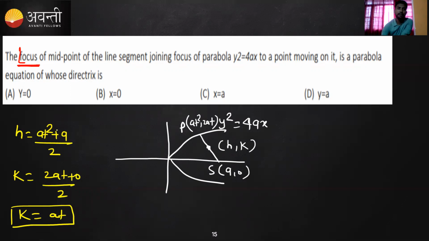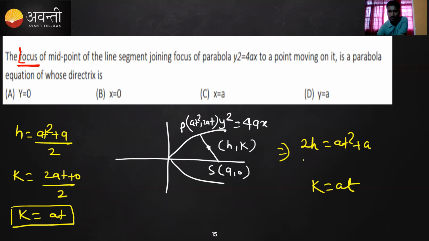So again, we have to remove this t square. From here you will get 2h is equal to 2at square plus a, right? And then from here k is equal to at, so you can also write k is equal to at, right?